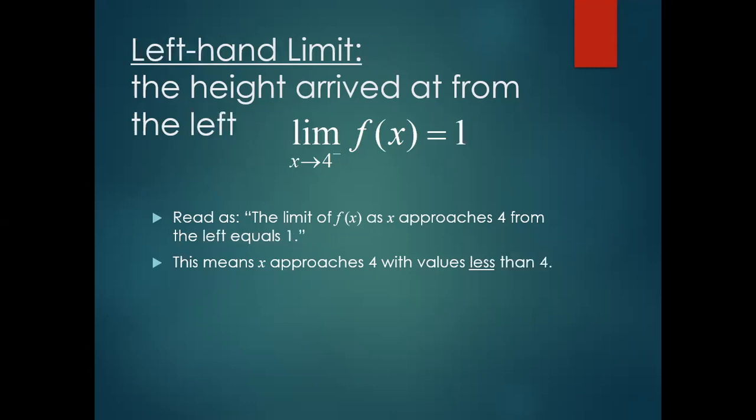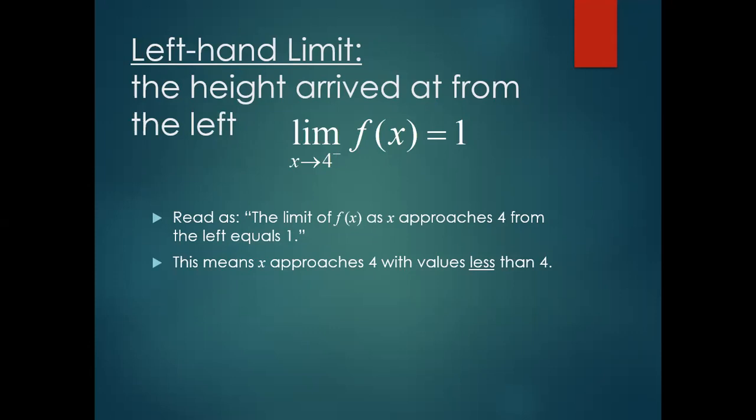And the left-hand naman, ibig sabihin, the left-hand limit or the height arrived at from the left. The limit of f of x as x approaches 4 from the left equals 1. Yung makikita nyo, x approaches 4 and then may negative sign after the number, it means from the left.